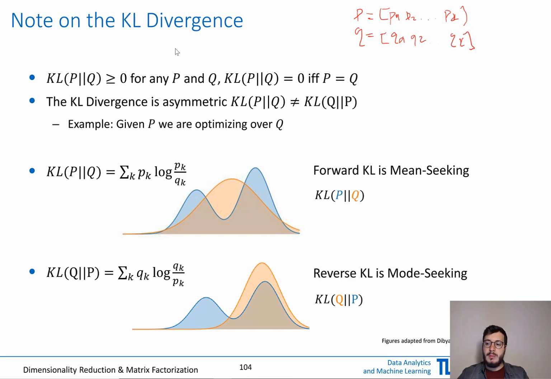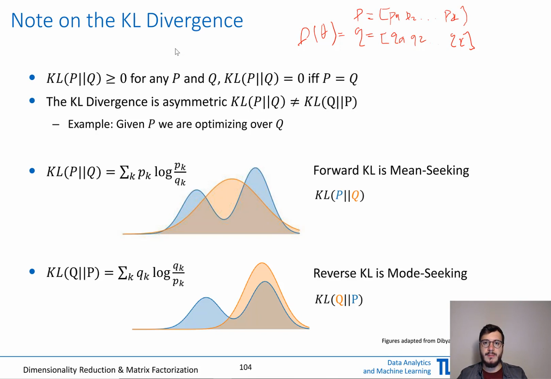But now we assume that P is given, but Q is the output of some function which takes in parameters theta. We're optimizing these parameters theta in order to get Q as close as possible to P, or in other words, to minimize the KL divergence between these two distributions.